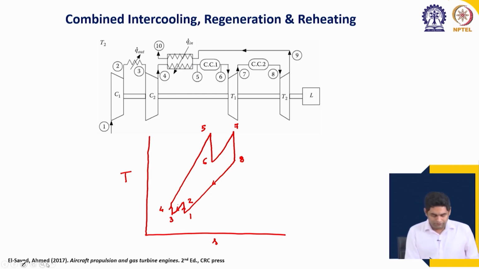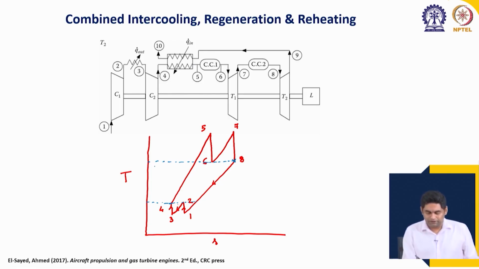Now, what we can see from here is that the temperature at the exit of the high pressure compressor, state 4, is very low compared to the temperature at the exit of the low pressure turbine, which is at state 8. And for ideal cases with optimum conditions, we have also noted that T6 equals T8 and T2 equals T4.